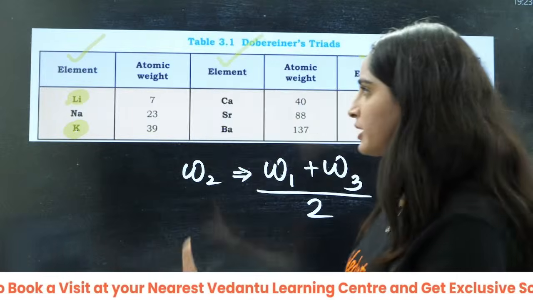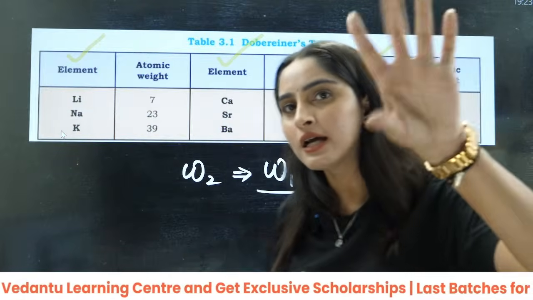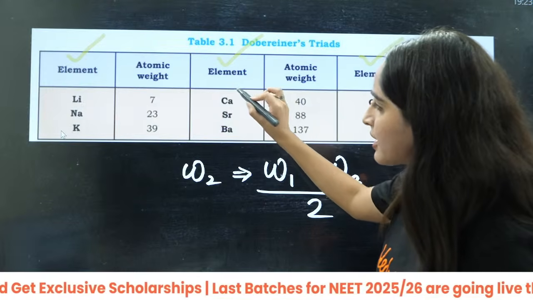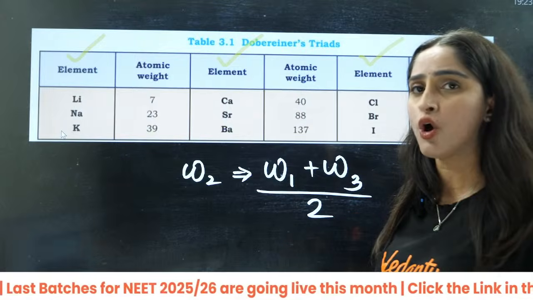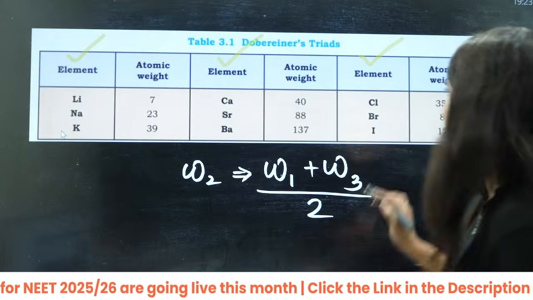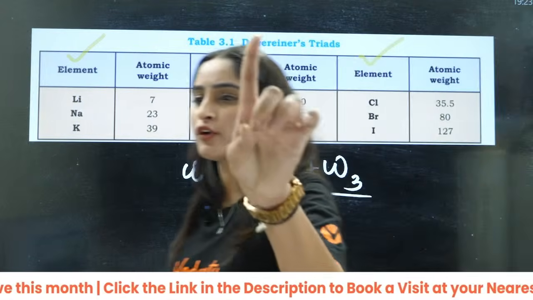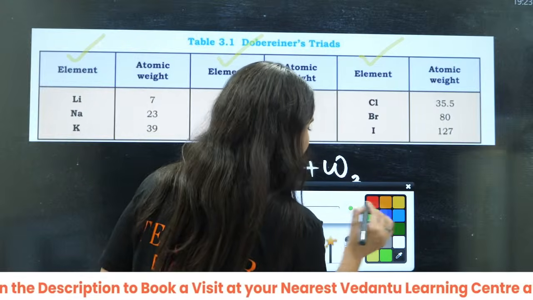So if the option is lithium, sodium, potassium, that is a Döbereiner triad. Then calcium, strontium, barium, that is also a Döbereiner triad. Then chlorine, bromine and iodine are also a Döbereiner triad. These 3 are the sets of Döbereiner triads.